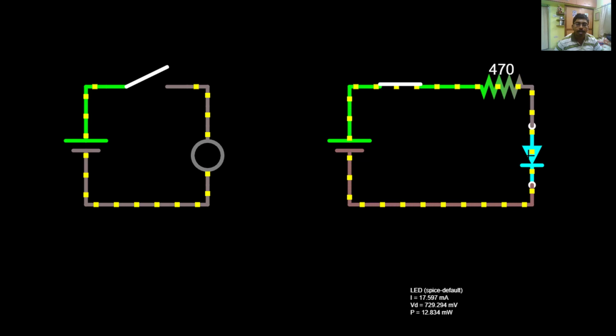Then only the LED can glow, and the voltage drop across the LED is only 729.294 millivolts. So the LED will glow and it will not get fused. So a resistor is very much necessary to turn on an LED from a battery source which is greater than the working voltage of the LED.